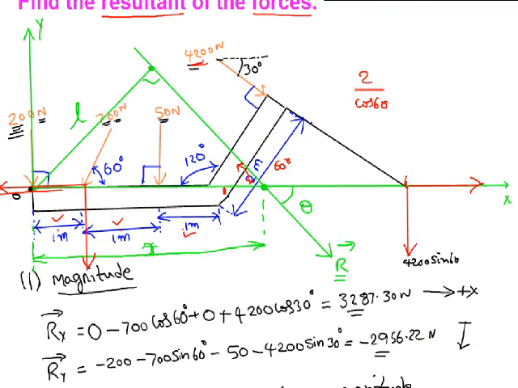Once you have this L, you can consider the triangle. If this point is O, this point is A, and this point is B, you can consider triangle OAB, in which angle A is 90 degrees and this angle is, as we have already computed, theta. So sine theta is OA by OB.